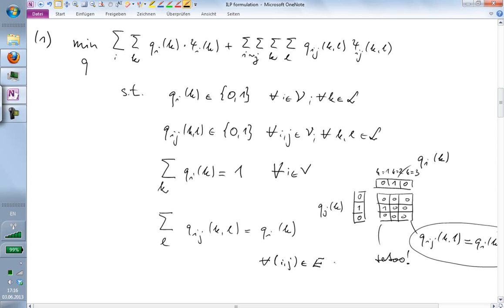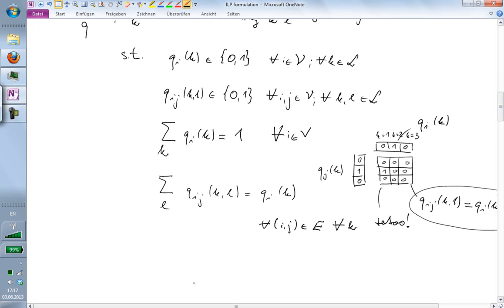And it also holds, or should hold, for all k. So it says if I sum across one row of this table, then I obtain a vector, and this should match the vector of the unaries here. And if I sum across one column, then the same should hold.